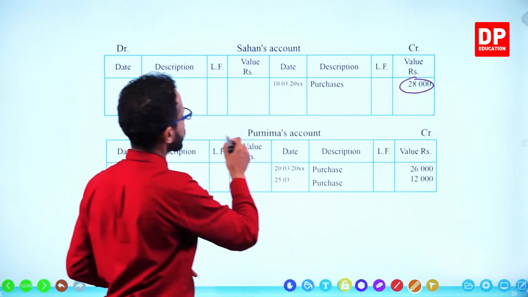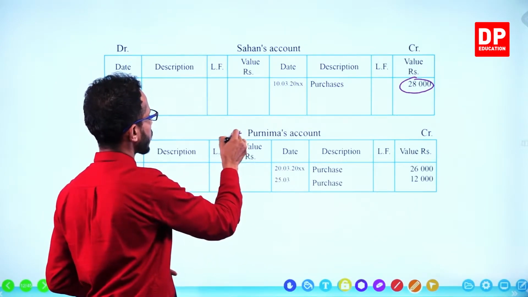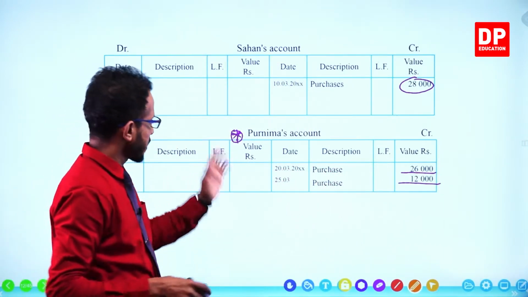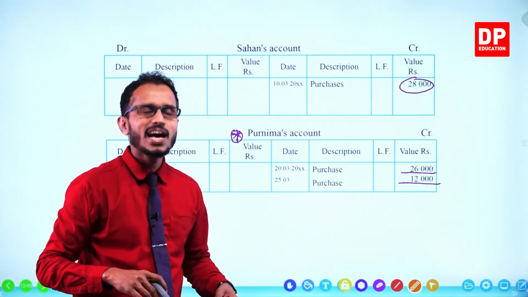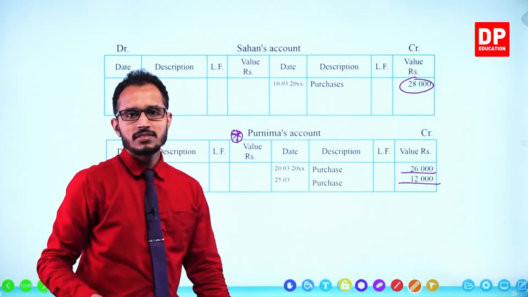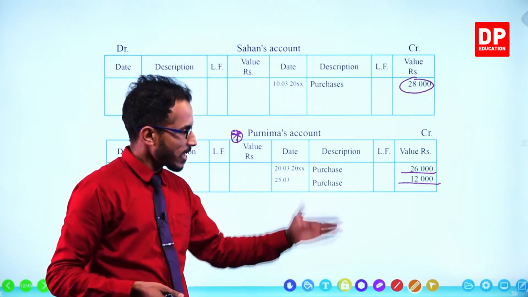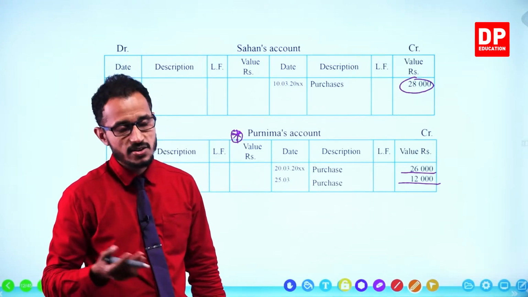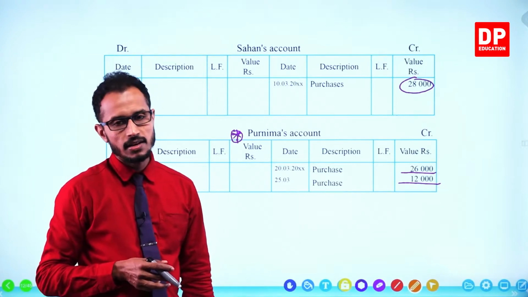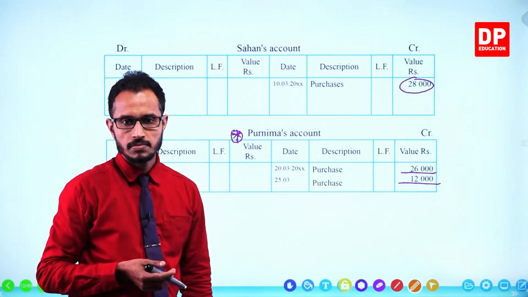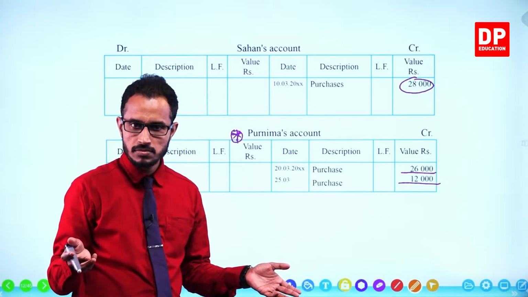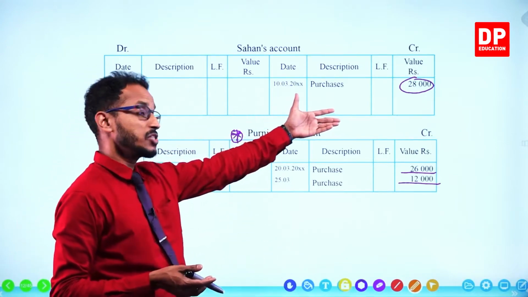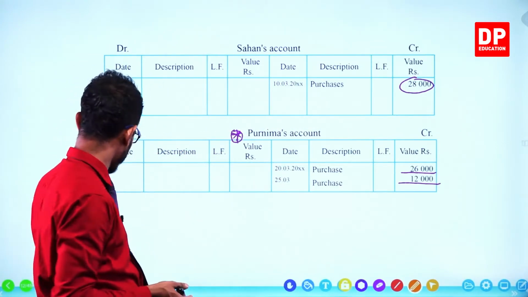And Purnima's account, both these amounts 26 and 12 credited. Nicely showcased in the textbook. It's just a matter of understanding how the entries are posted. And now you understand, don't you? Of course you do. Now you understand the purchases journal and the relevant ledger accounts.